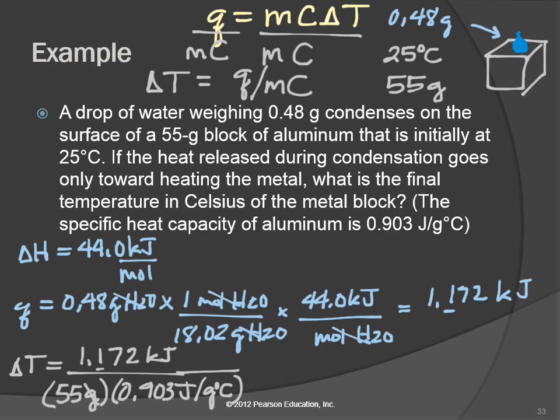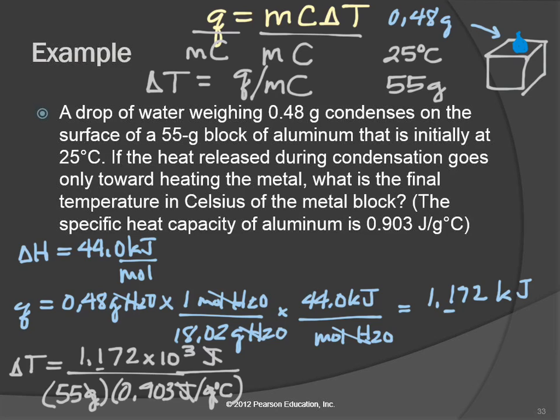The grams will cancel each other. Do kilojoules cancel joules? No. What does kilo stand for? 1,000, or 10 to the 3. So instead of writing kilo, I can write what it means, 10 to the 3 joules. You could also do it separately in a unit conversion. The joules cancel out.